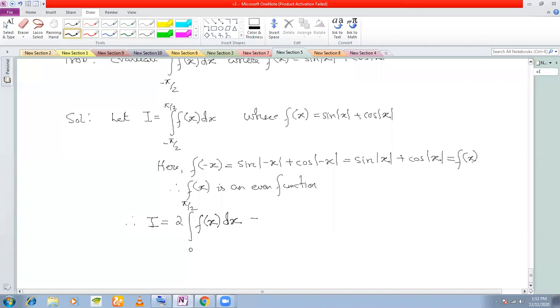Put the value of f(x), sin mod x plus cos mod x dx. Separate: twice integral 0 to pi by 2 sin mod x dx plus integral 0 to pi by 2.